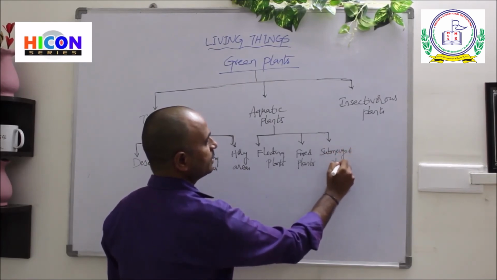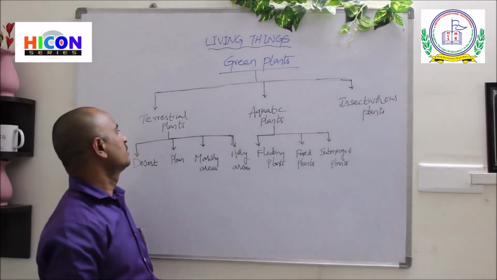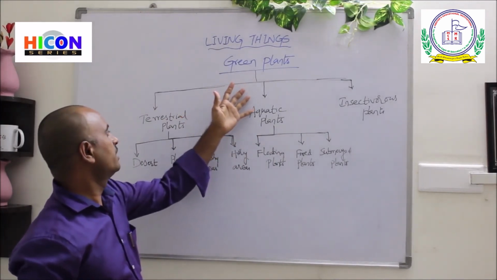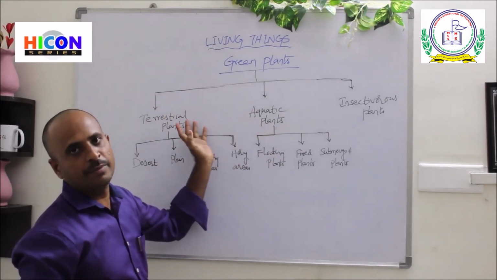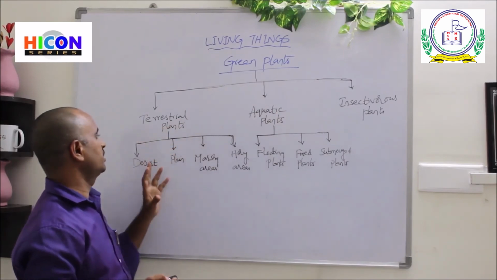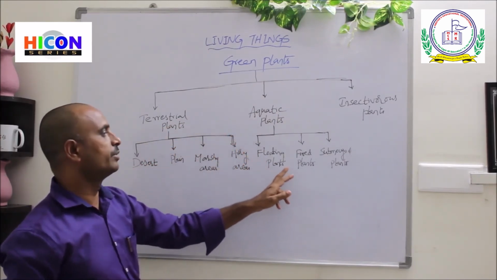So this chart explains the classification of plants. The plants are divided into three types based on their habitats: terrestrial plants, aquatic plants, and insectivorous plants. And again, terrestrial plants are divided into four types, and aquatic plants are again divided into three types.